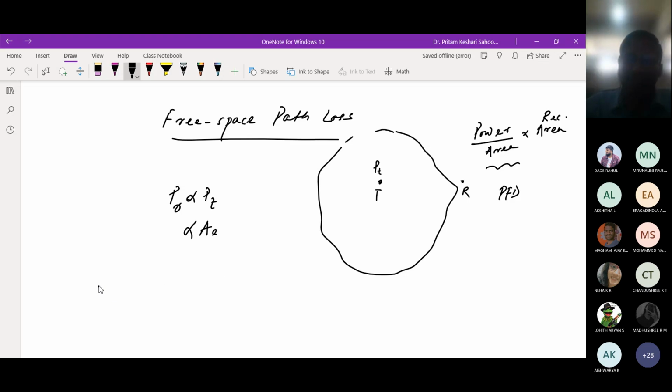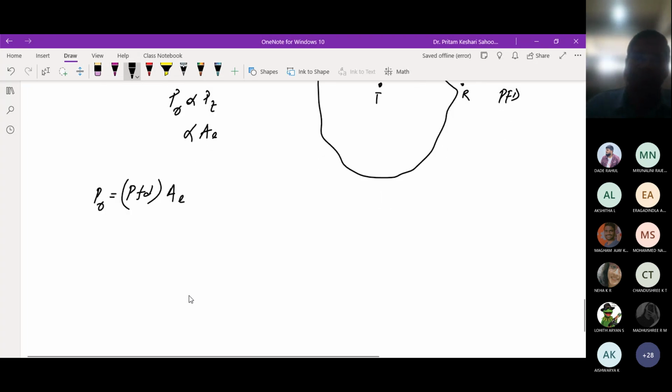So we can express the received power PR as equal to power flux density multiplied by the effective aperture of the receiver. We have studied that the power flux density is PT divided by 4 pi r square.